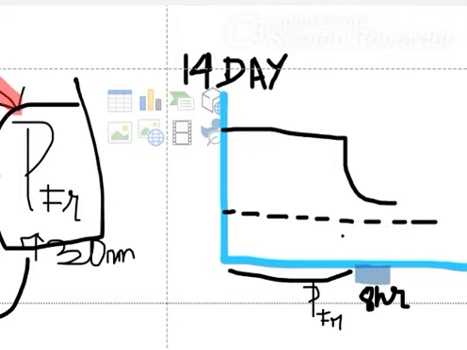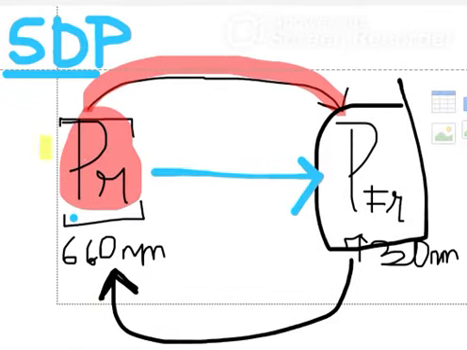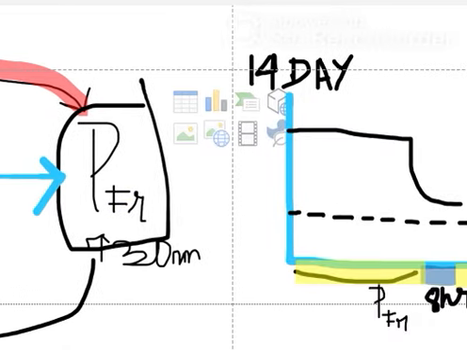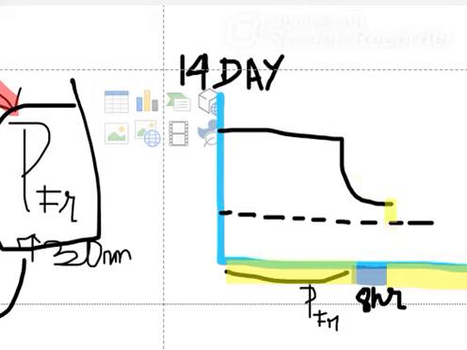Again sunlight appears, right? So this period from here is when the daylight comes back. This also is the daylight. So when the daylight comes back, what happens? PR gets converted to PFR again. So at this point, again PFR will be synthesized.